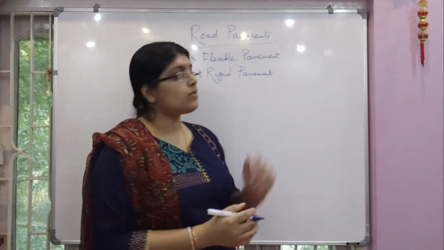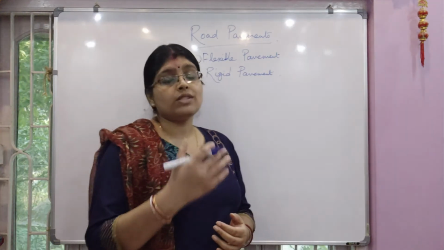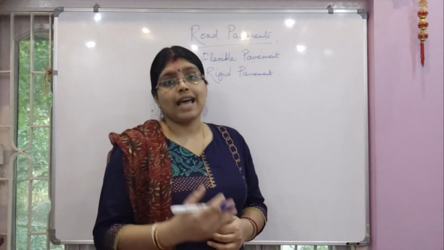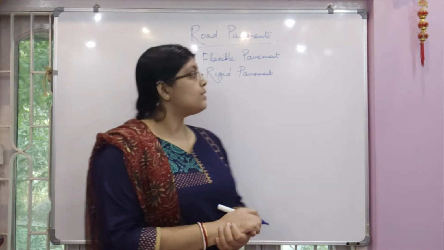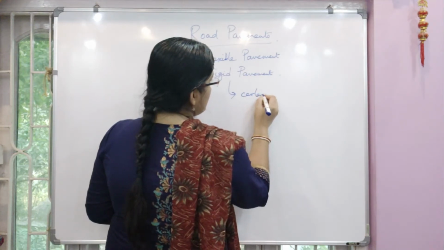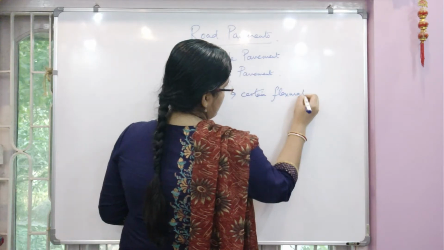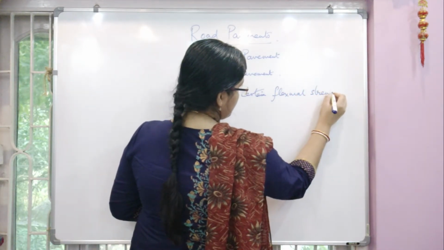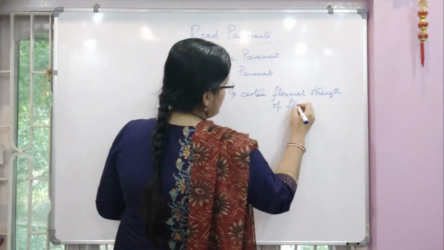Now let's talk about the rigid pavement. So basically, rigid pavements are generally those type of pavements which have a considerable flexural strength or flexural rigidity. So they possess certain flexural strength or flexural rigidity.